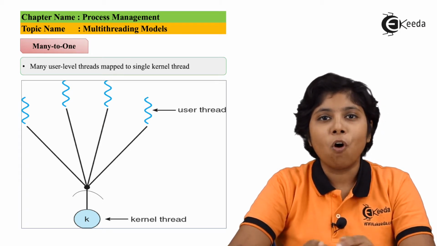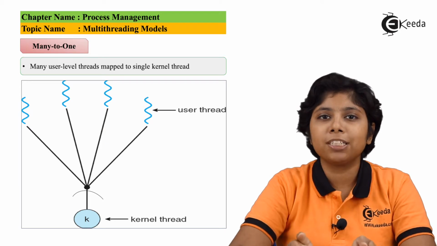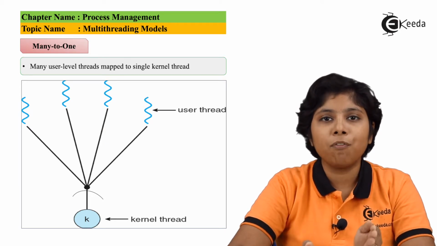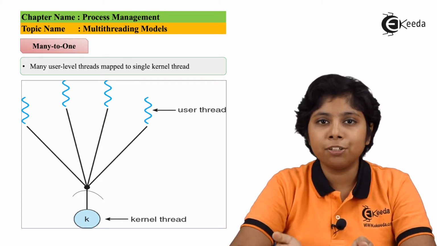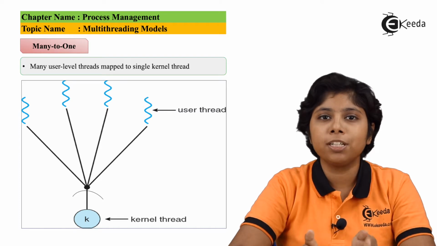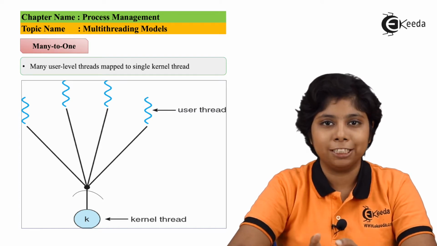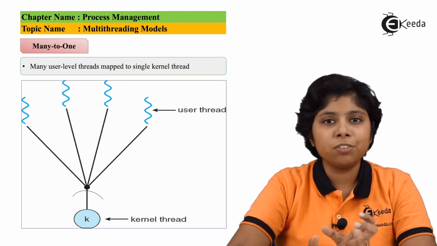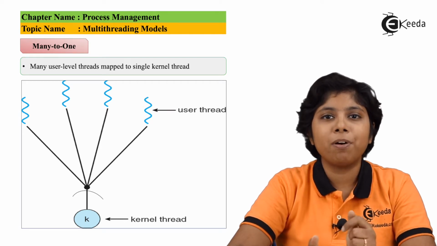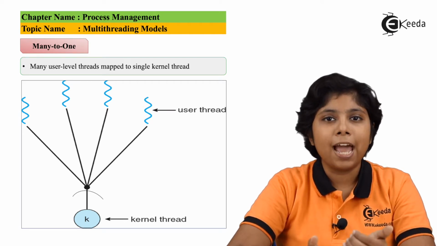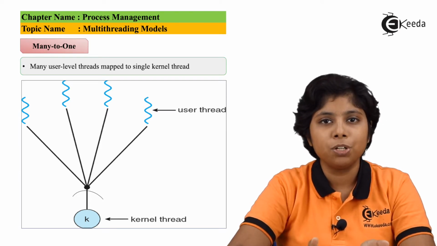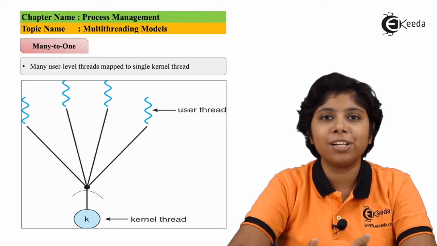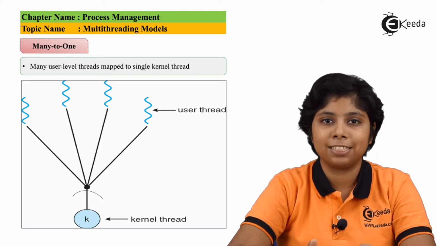And also, the user threads cannot run concurrently, as only one kernel thread can be executed with one user thread at a time. So the other user threads must wait to be mapped to the kernel. Green threads, a thread library provided by Solaris 10 and the older versions of Solaris, along with the Linux family too, used this many-to-one model in their operating systems.